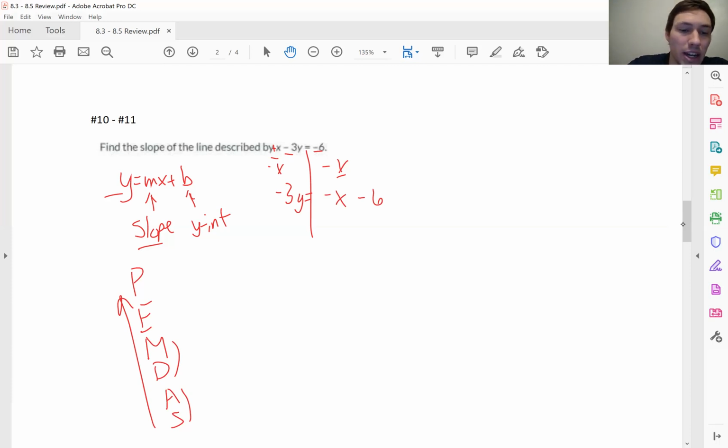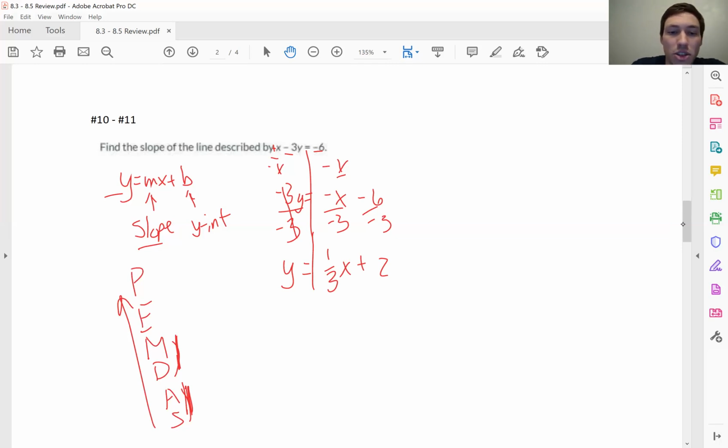Now I added and subtracted, so now I'm going to look to multiply or divide. Y is being multiplied, so I divide by -3. And then I have to do that to everything. So y equals negative divided by negative is positive 1/3 x. Negative divided by negative is a positive, let's say positive 2.